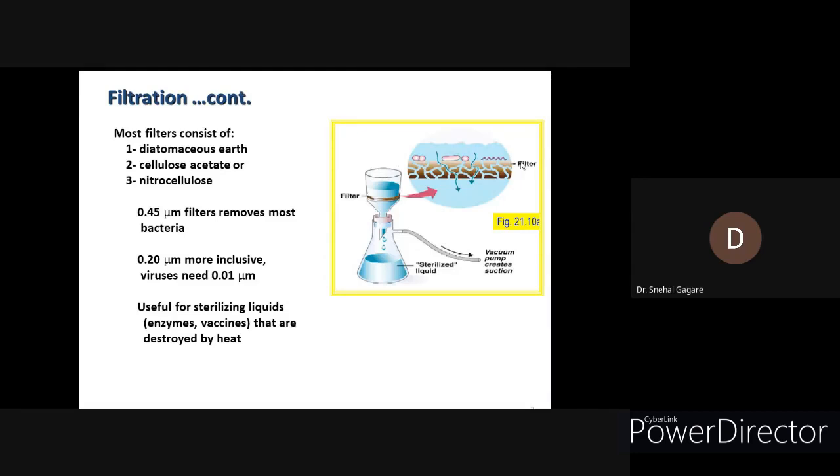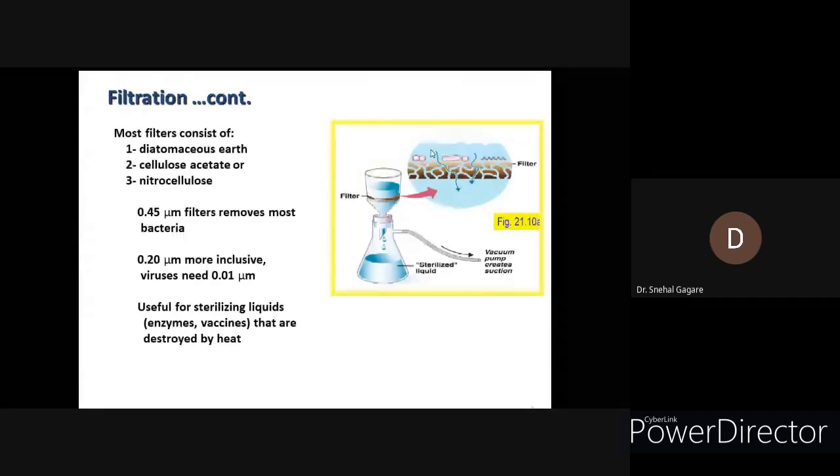What it does is it retains the small bacteria or viruses. Not all filters retain viruses if their pore size is very less. So if the bacteria is large and the pore size of the filter is very small, bacteria cannot enter the filter, only liquid is entering and bacteria stay on the top as a residue, and the sterile liquid is coming down.